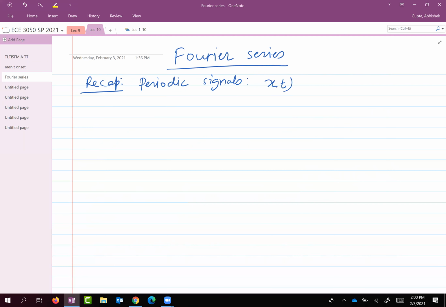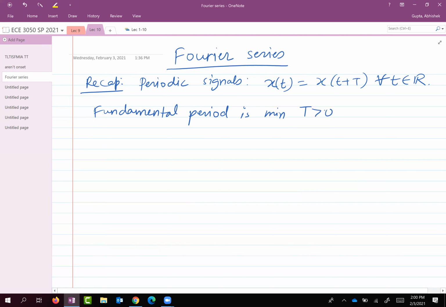So x(t) equal to x(t plus capital T) for all t in R. Then the signal is periodic. The fundamental period is the minimum capital T greater than 0 such that this x(t) equals x(t plus capital T) holds.